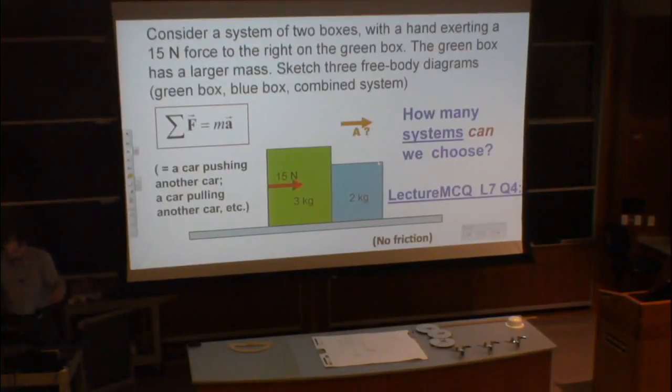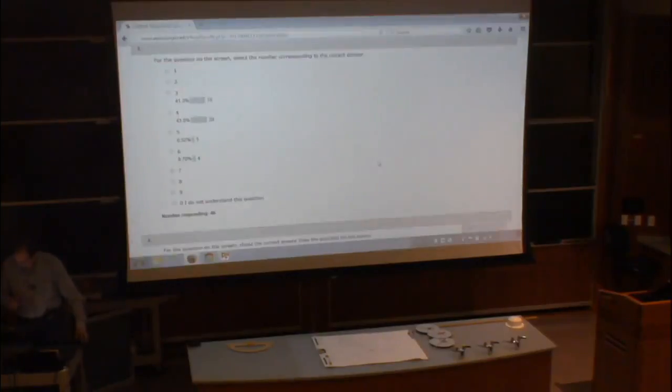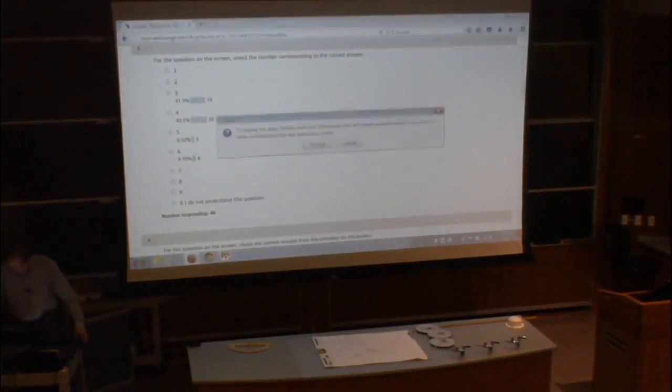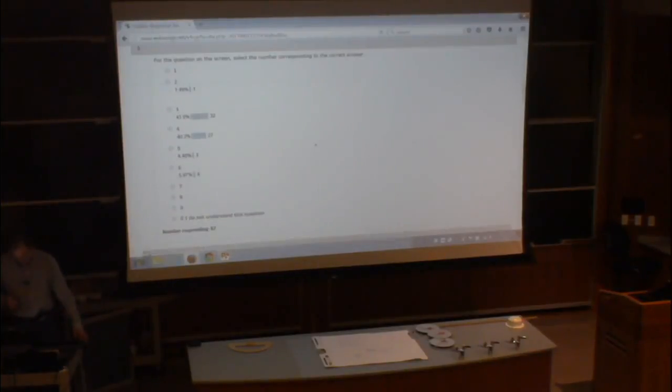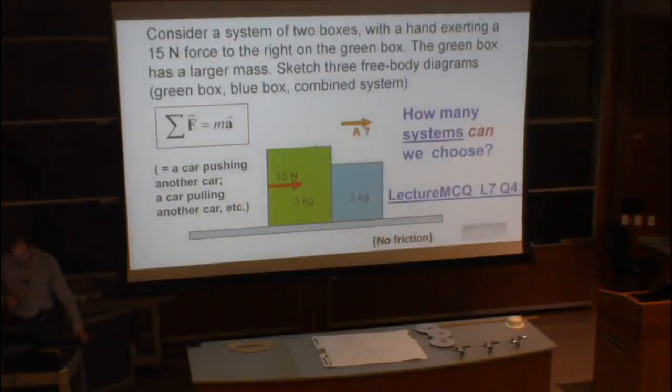And here, how many different objects of your interest, which we call a system, how many can we choose?